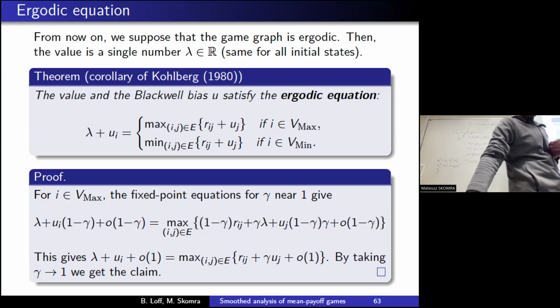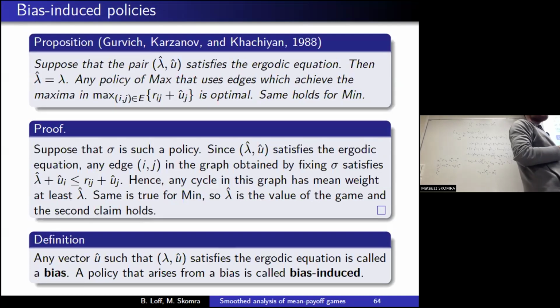Maybe we can see why this is the case. Suppose that max uses a policy sigma that achieves the maxima in this equation. Since you have a solution to this ergodic equation, any edge in this graph will satisfy this inequality.